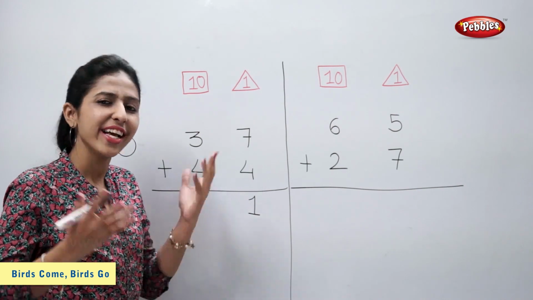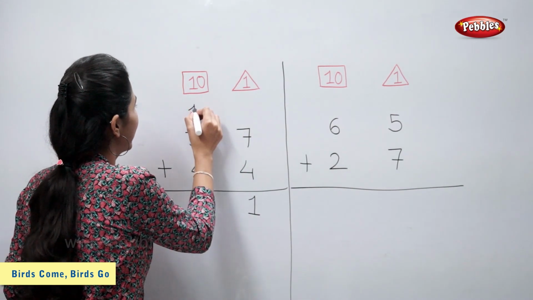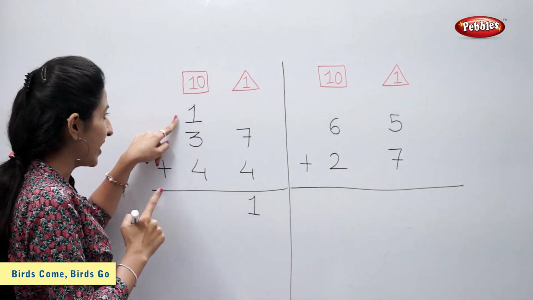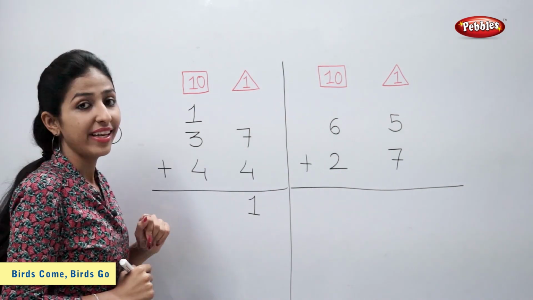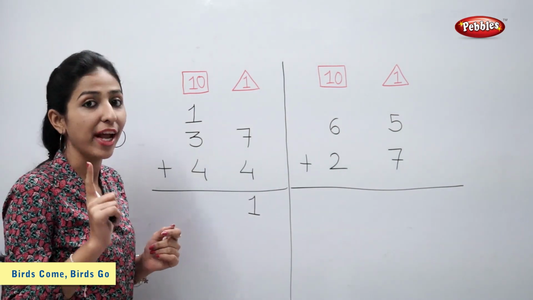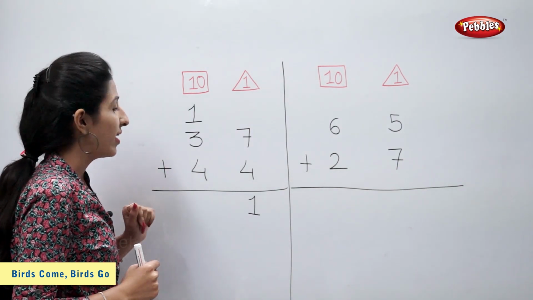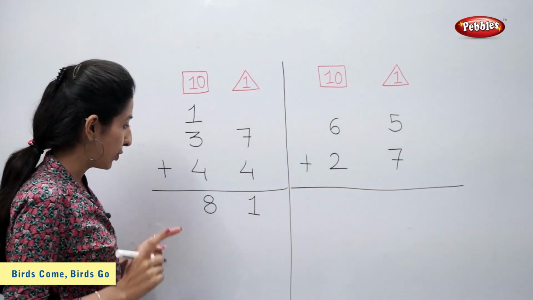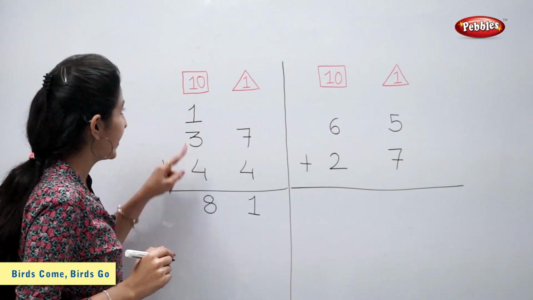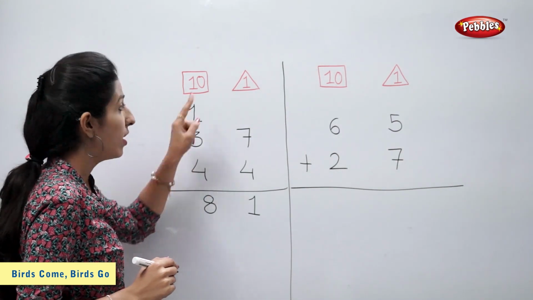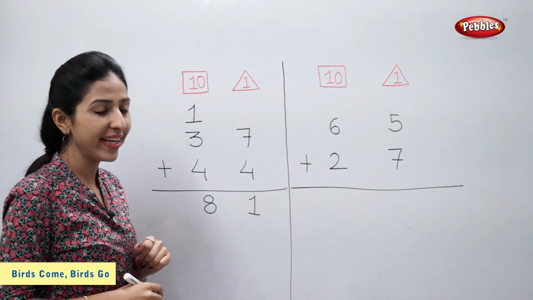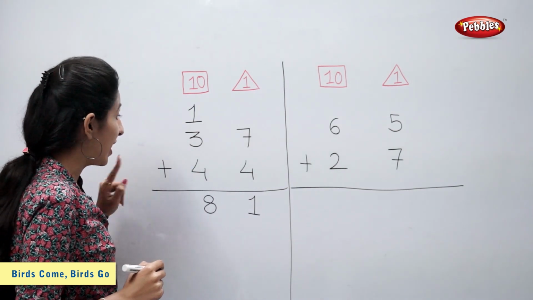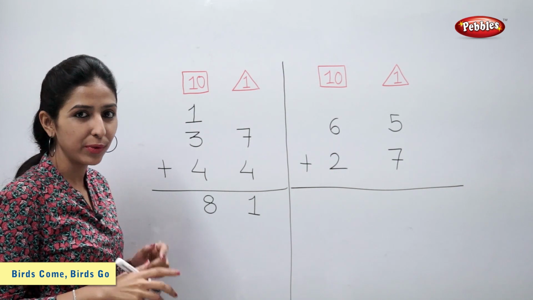Now 1 tens carry forward. Let's add tens. 1 plus 3 is equal to 4 and 4 plus 4 is equal to 8. So students, now we have 8 tens, 1 ones. So the number is 81. So 37 plus 44 is equal to 81.